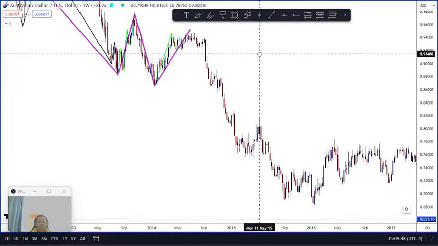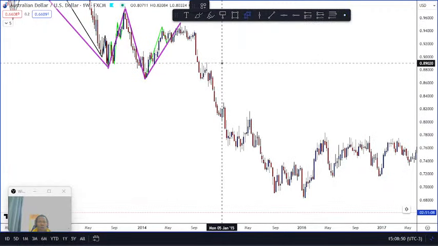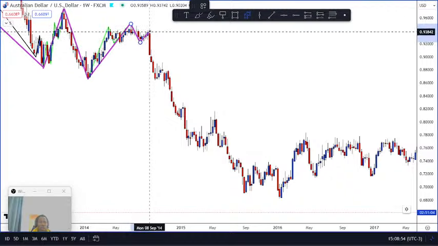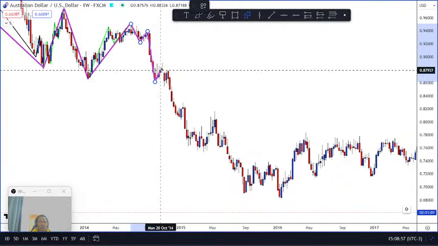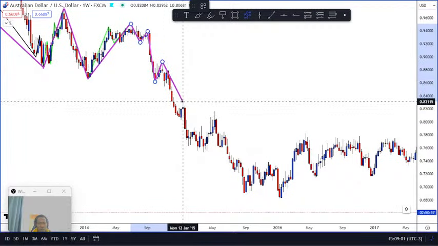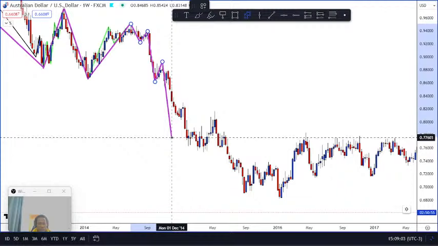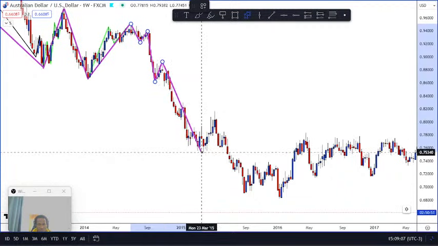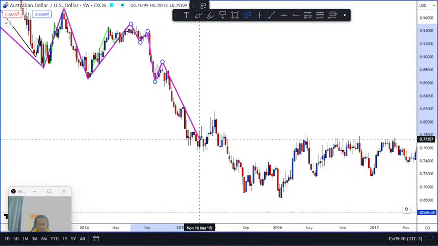And then the market started making lower low at this point in time right here. Lower lows, lower high, lower lows, lower high. Okay, there is no low here, there is a high, so we are not going to take it into account. Okay, this is a low, lower low. Okay, there is no short-term uptrend here.